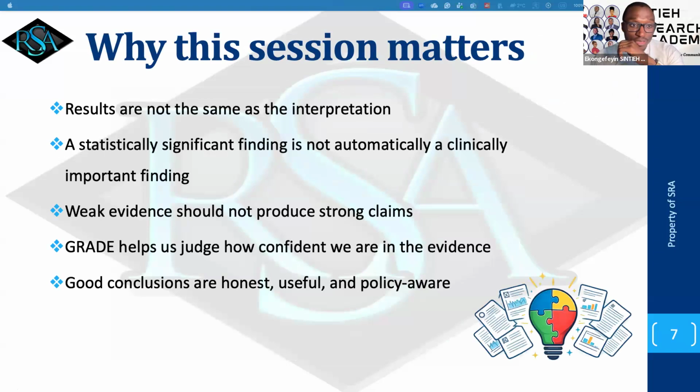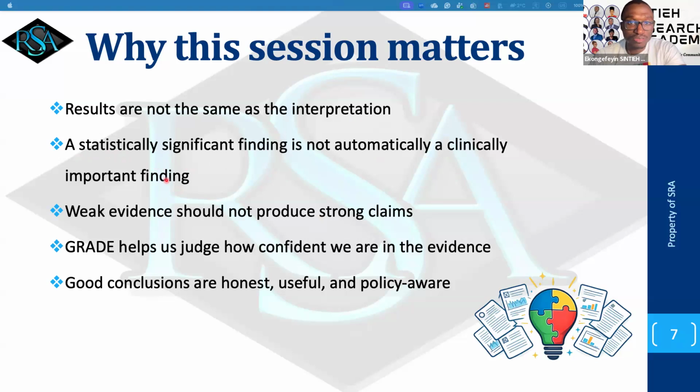The importance about these sessions is that generally when you state your results, it's not an interpretation of the results. So that's the first thing that's important. That's why we need to talk about an interpretation of your results. Now, what you need to also know is that when you say something is statistically significant, it does not automatically mean that it is clinically important.